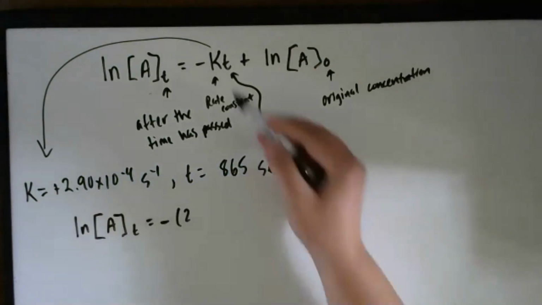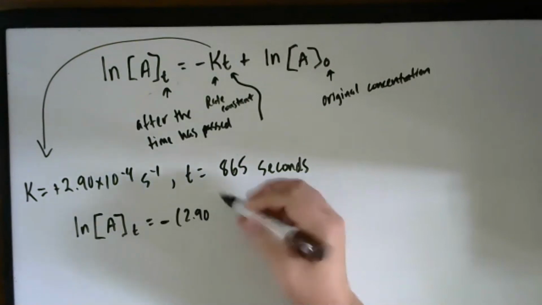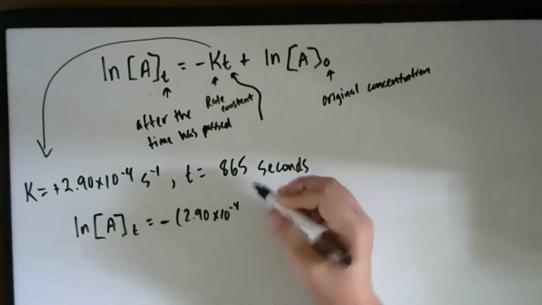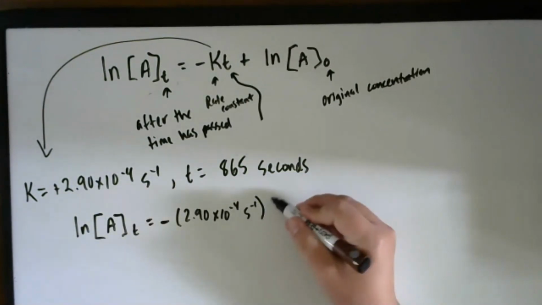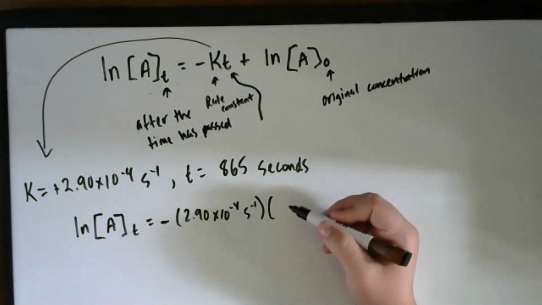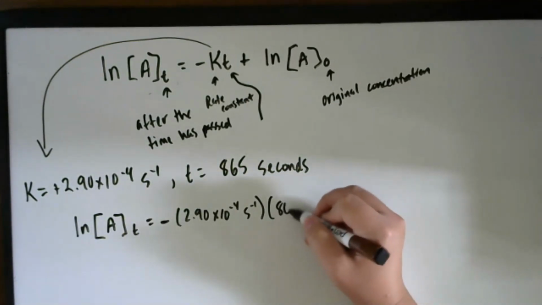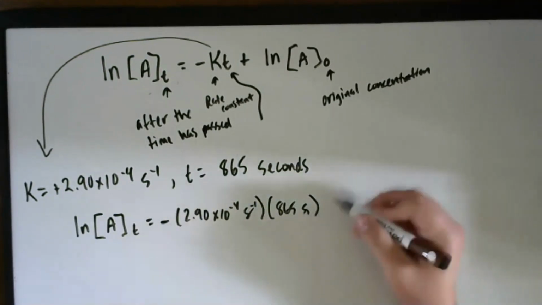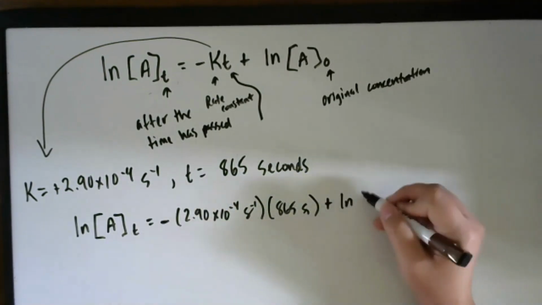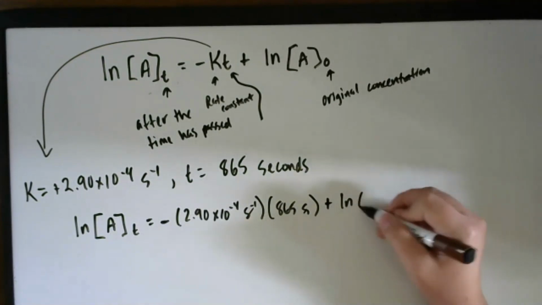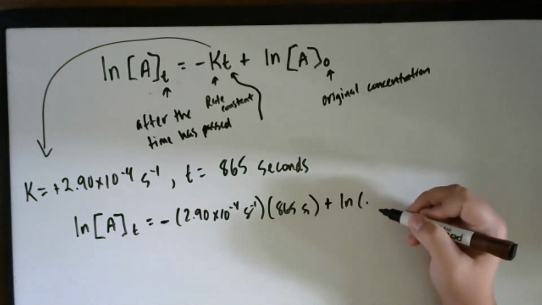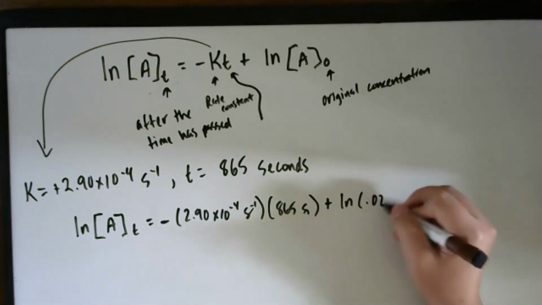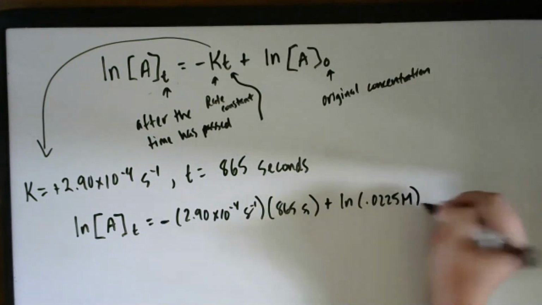Now we're going to plug in our rate constant, multiply it by our 865 seconds. Notice here that our units are going to be canceling out. Plus the ln of 0.0225 molar.